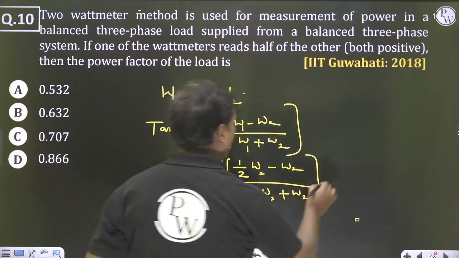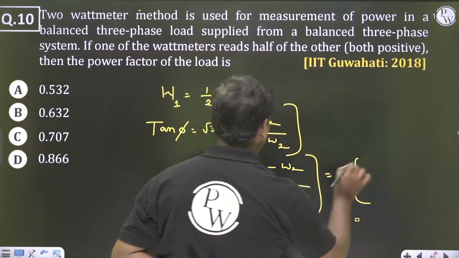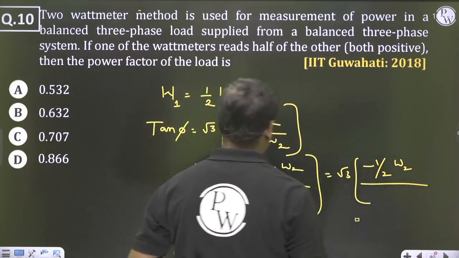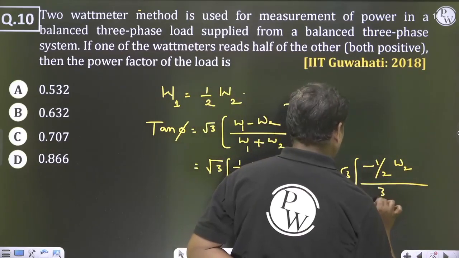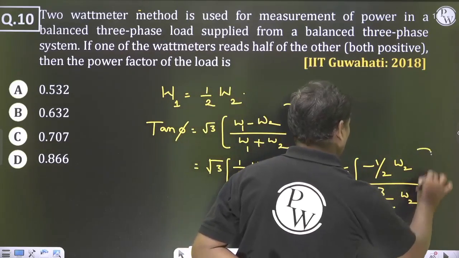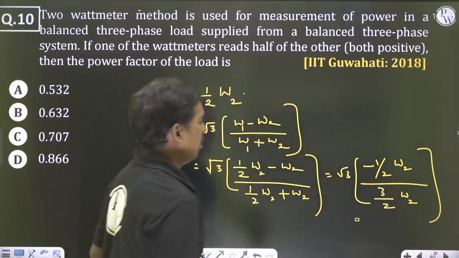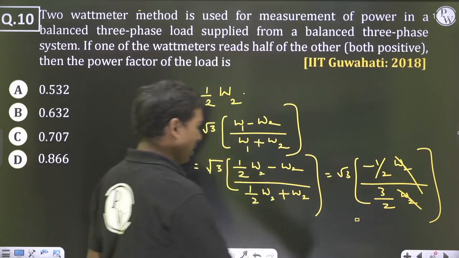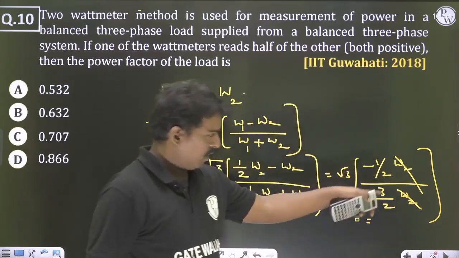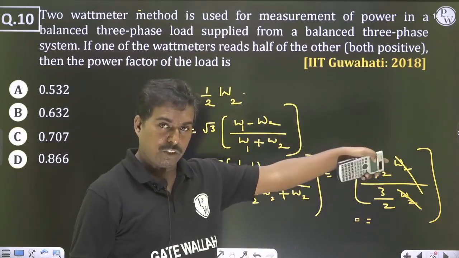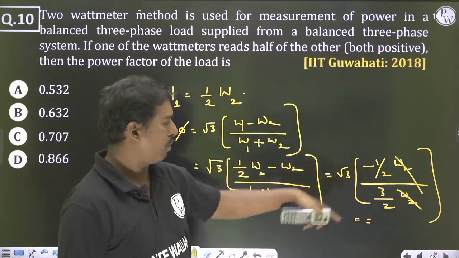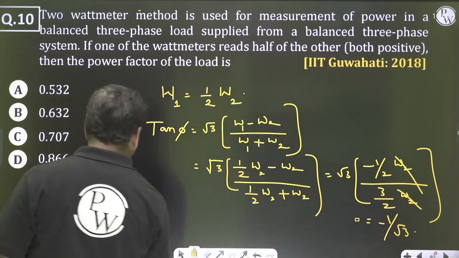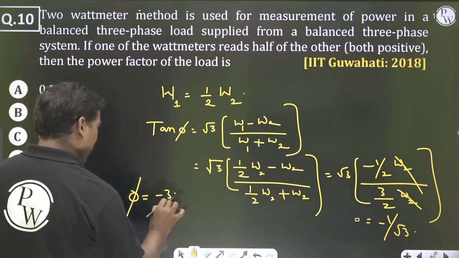So this will become what? Root 3, this is minus half of the W2 by, this will be 3 by 2 W2. So W2 gets cancelled. So minus root 3, that means minus 1 by root 3 we are going to get, 1 by 2, 2 by 3, 2 gets cancelled, 1 by 3, 1 by root 3, minus 1 by root 3. That means phi is coming as minus 30 degrees.